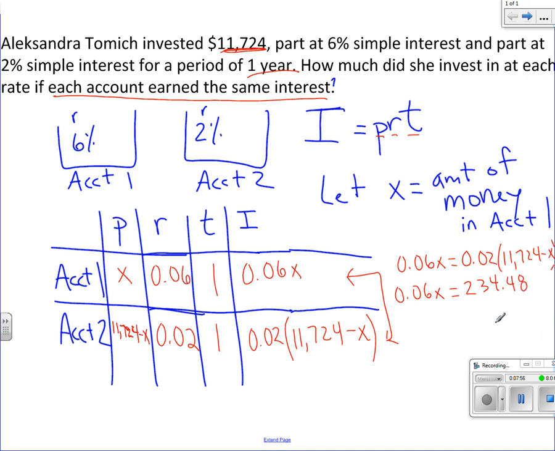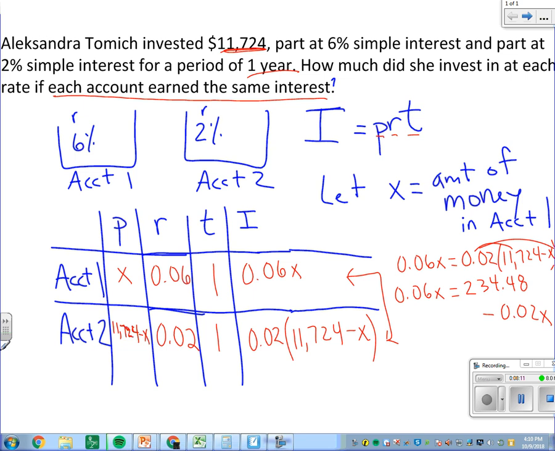Okay, I'm running out of space, so I'm going to have to write underneath minus, if I distribute to the x, 0.02x. We're going to add that 0.02x to both sides of the equal sign.